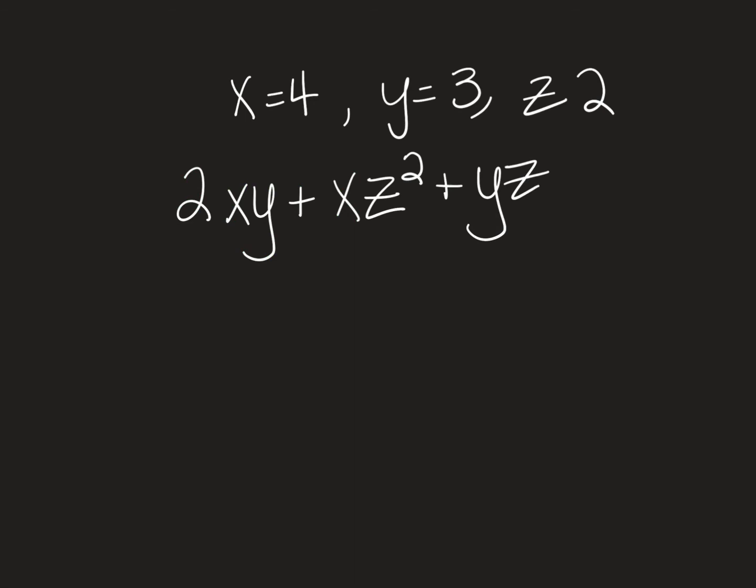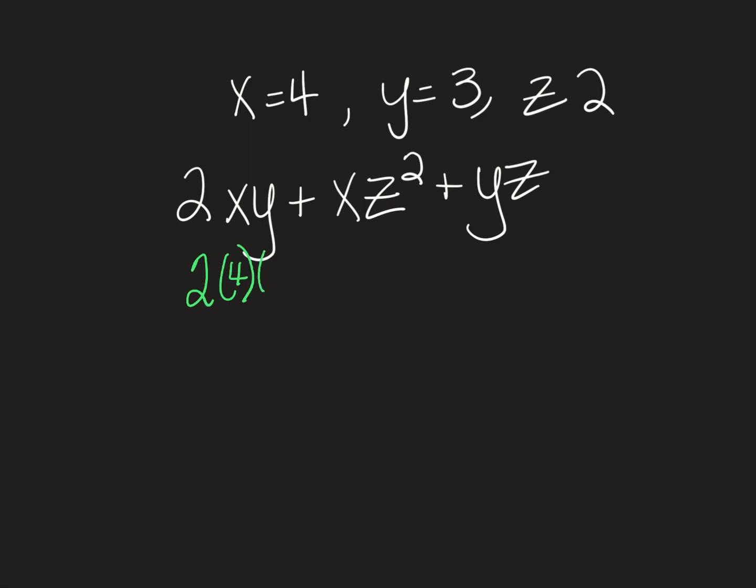Okay, this time it's a little harder, but you have the value of x, y, and z here at the top, and so the first thing you're going to do is rewrite your problem by substituting. So I have the value of 2, the value of x is 4, so I'm going to put that in parentheses because I'm multiplying.